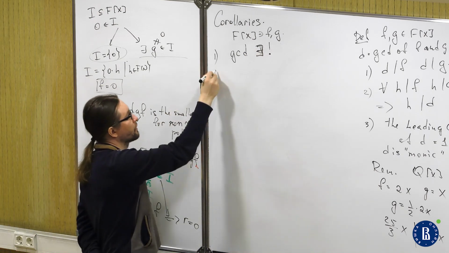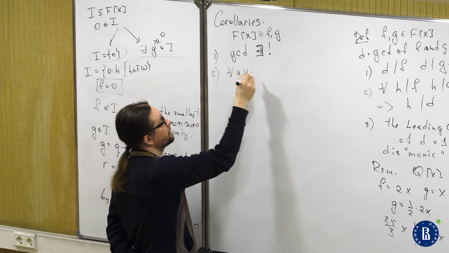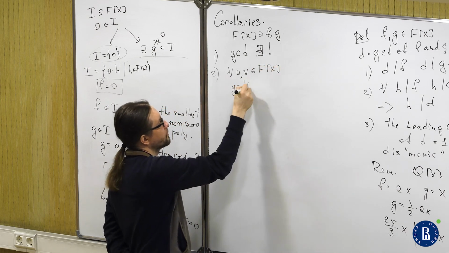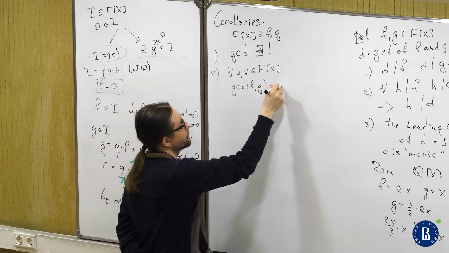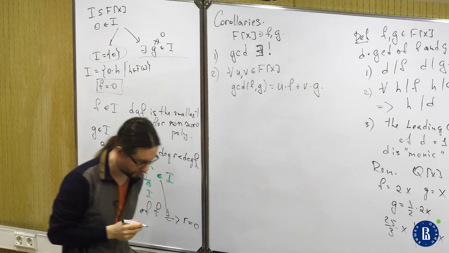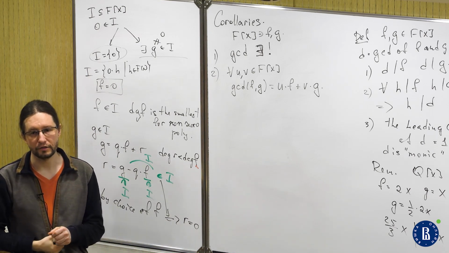And the second thing, there are polynomials U and V such that the GCD of F and G equals U times F plus V times G.